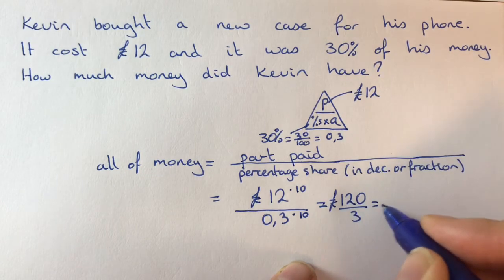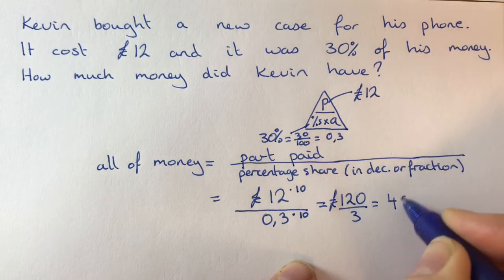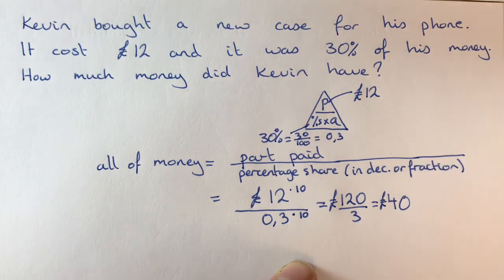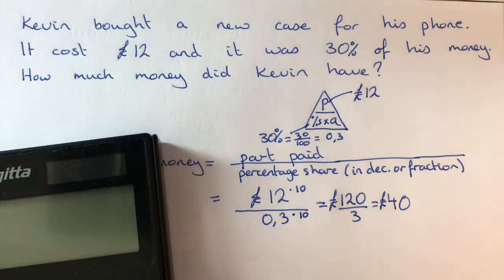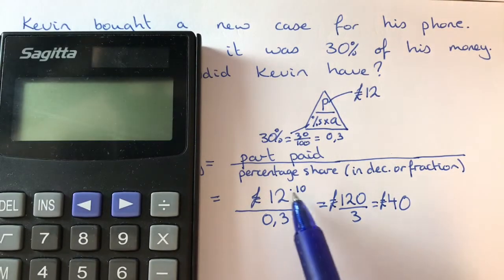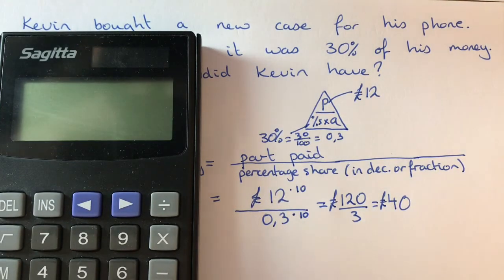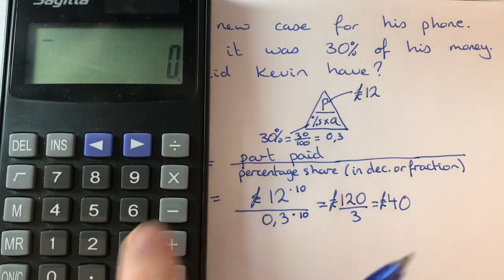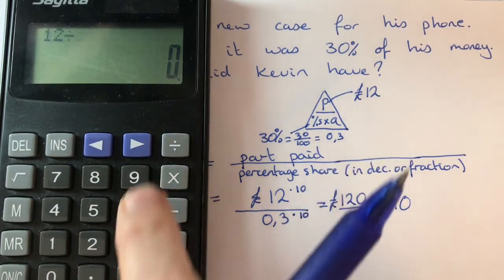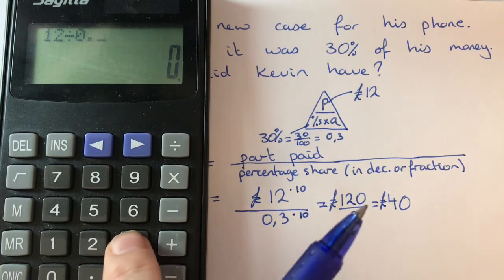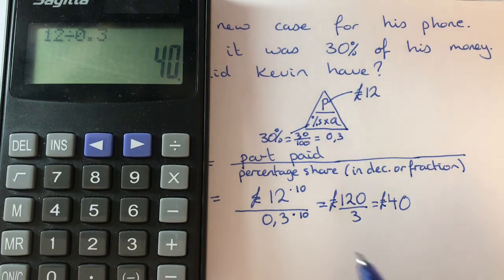12 divided by 3 is 4. 0 divided by 3 is 0. So we get £40. Let's just check that what we've done is correct with the calculator. What do I mean when I'm saying 12 divided by 0.3? Well, if we take 12 divided by 0.3, we get 40.